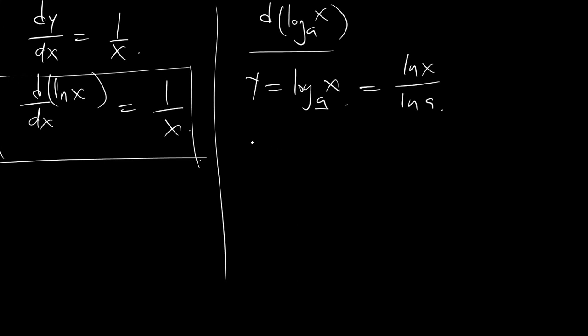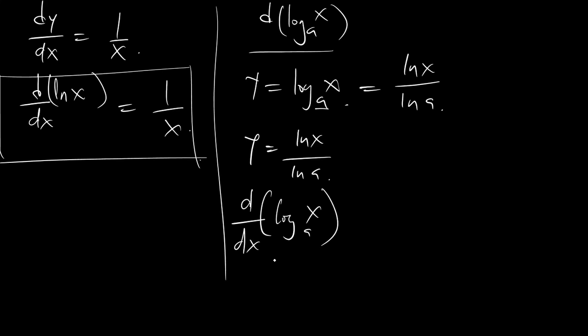Now, having gotten this, we can now do the derivative of this. Since we have gotten y to be ln x all over ln a, then the derivative of log x base a with respect to x is the derivative of ln x all over ln a.